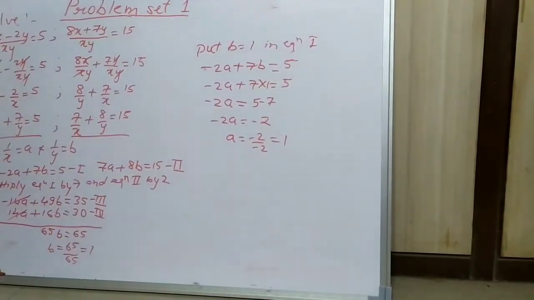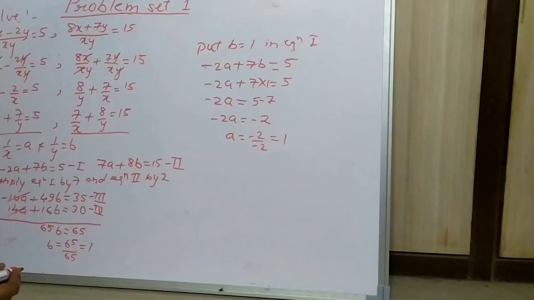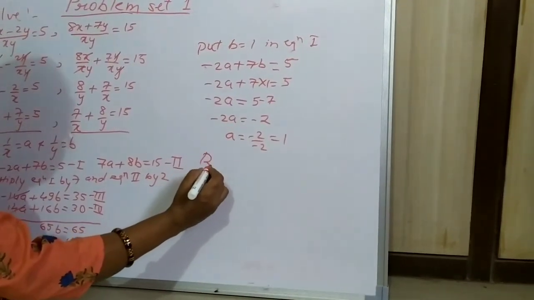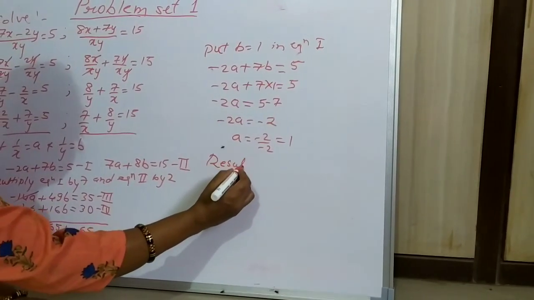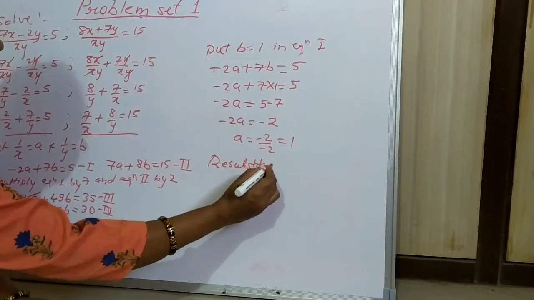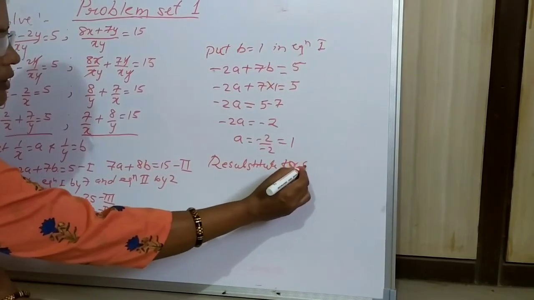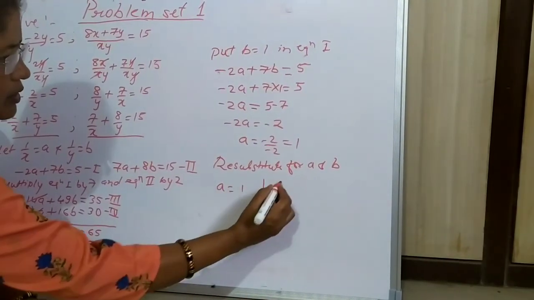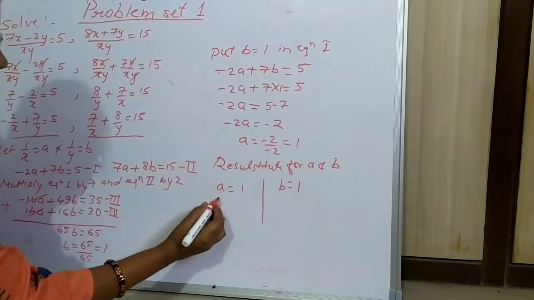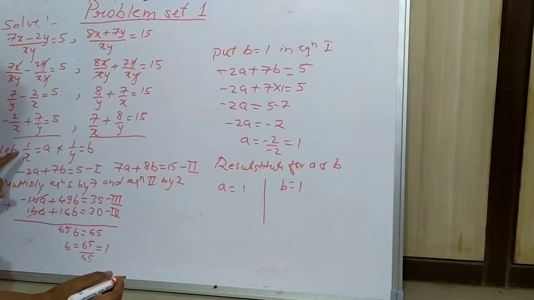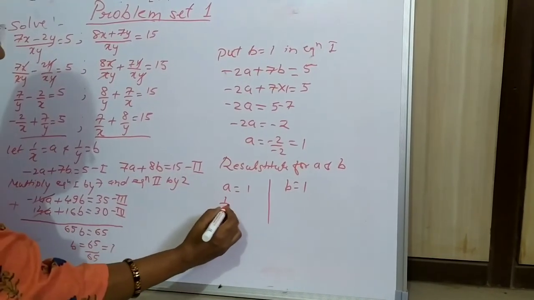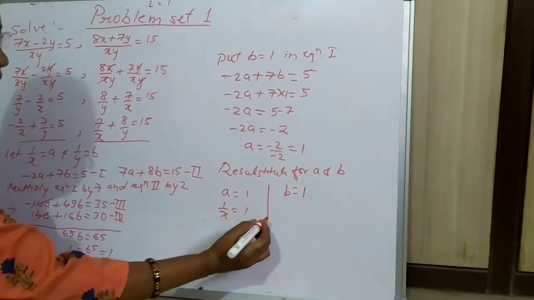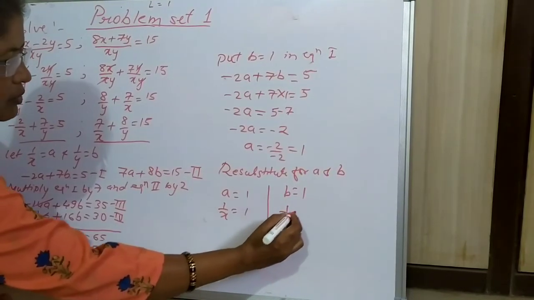Now we got the values of a and b as 1 each. So resubstitute for a and b. What we took at the beginning, a is equal to 1 upon x. So 1 upon x is equal to 1 and 1 upon y is equal to 1.